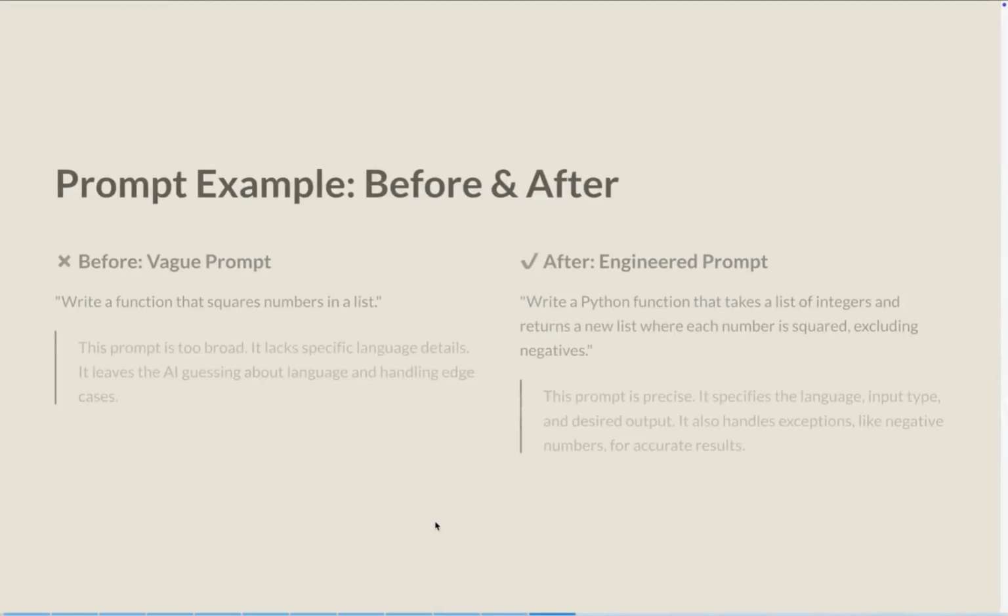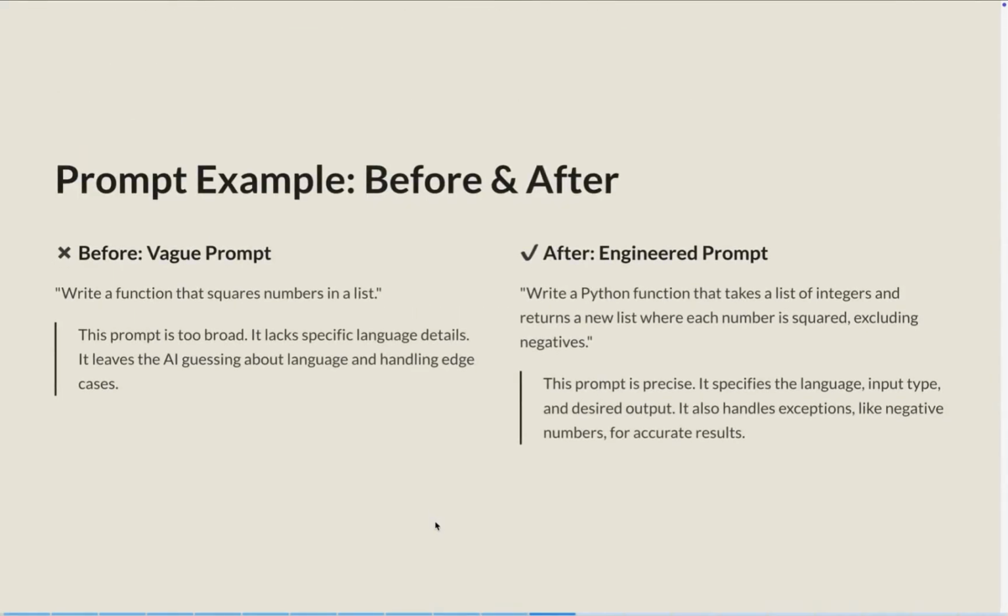Slide 9, Prompt example, before and after. Here's an example. A vague prompt might be, write a function that squares numbers in a list. This leaves out the programming language and edge cases. A refined prompt could be, write a Python function that takes a list of integers and returns a new list where each number is squared, excluding negatives.